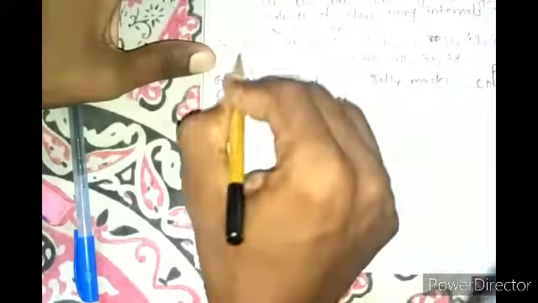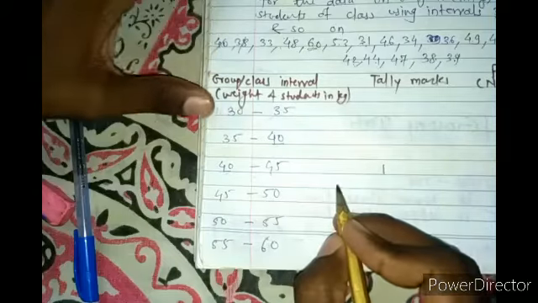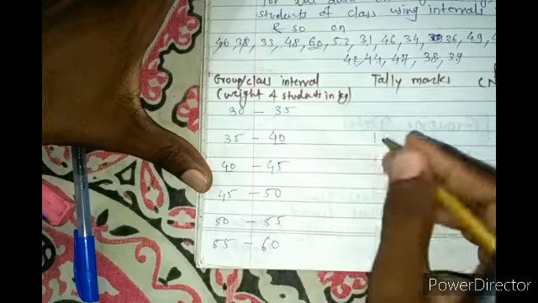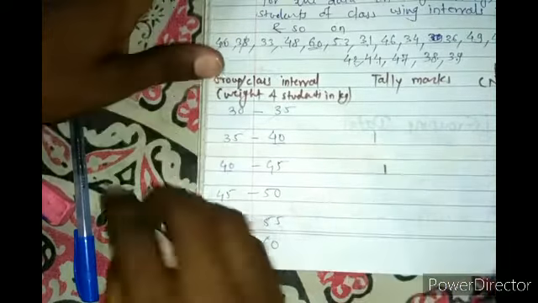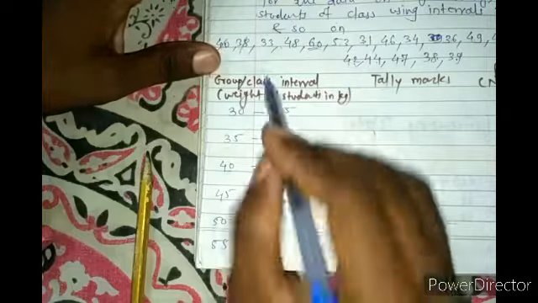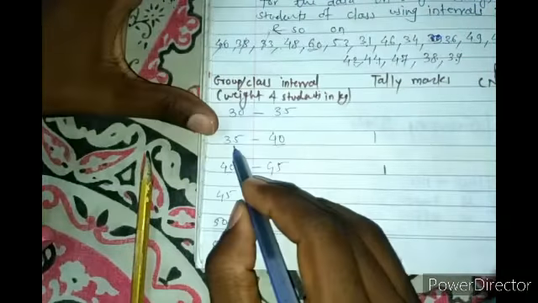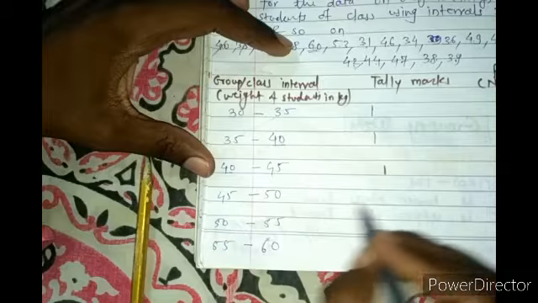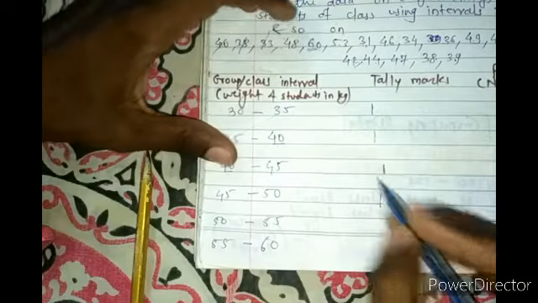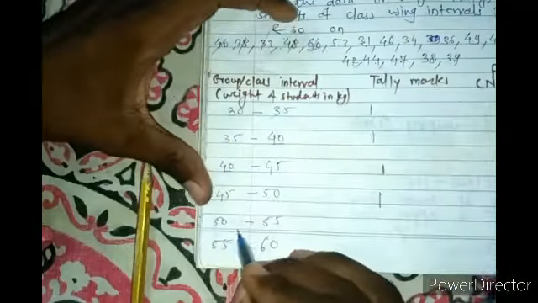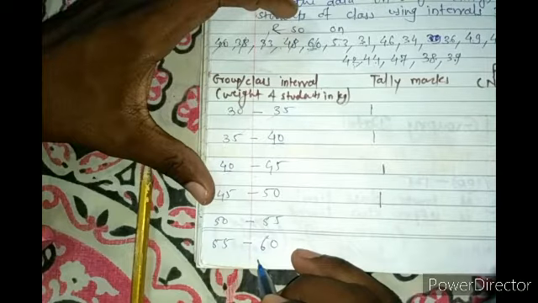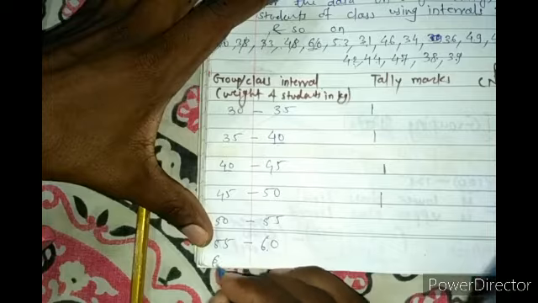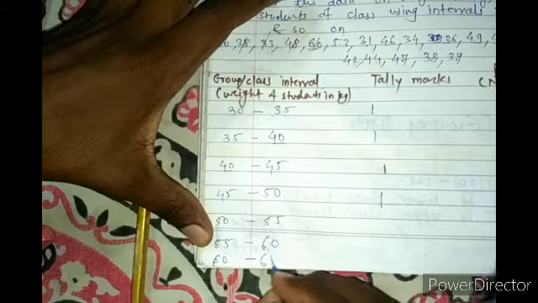Now next number 38. So here is 38. Now next 33. 33 here. 48 here. 60. Now see here, 60 is here, so we have to make one more class, 60 to 65.